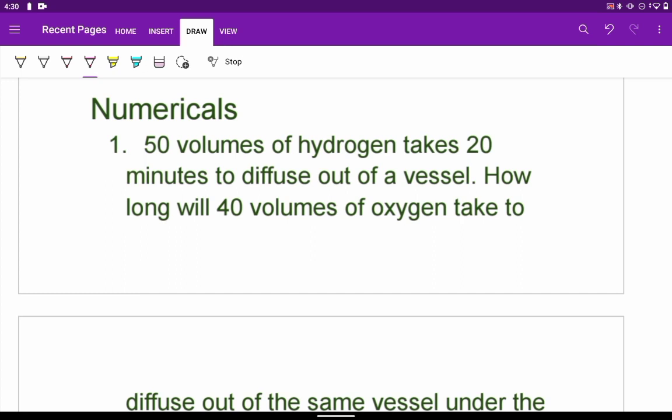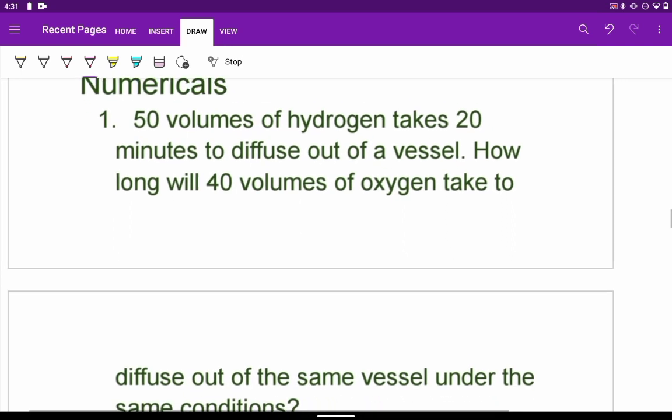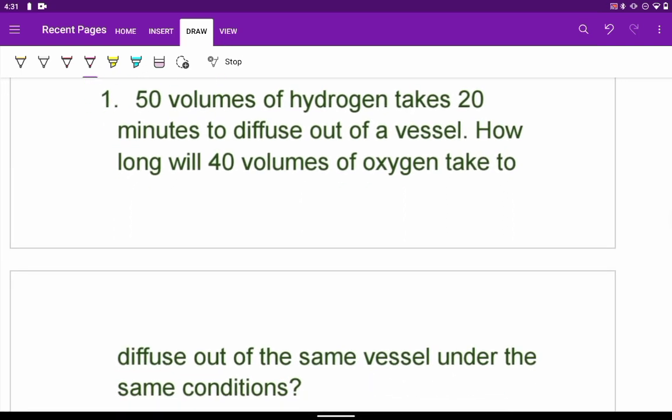Volumes can be any unit, so it's just stated as volumes. How long will 40 volumes of oxygen take to diffuse out of the same vessel under the same conditions? Here we have 40 volumes and there 50 volumes, meaning the volume units will be the same for both.